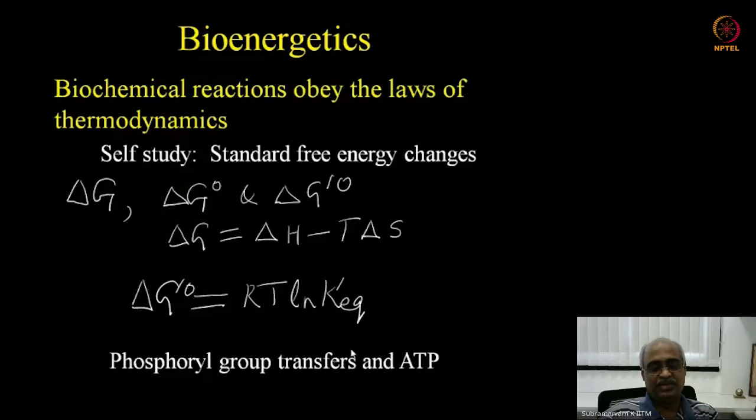The equilibrium constant relates the concentration of the products to the concentration of the reactants. That is what the equilibrium constant tells, and how it is related to free energy change is another important equation. These are the three lines that I want you to focus on learning.